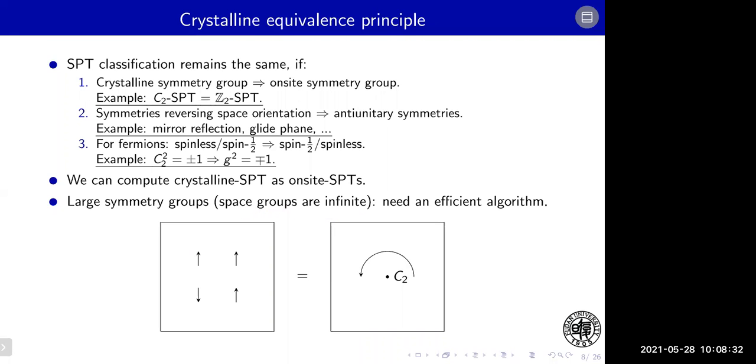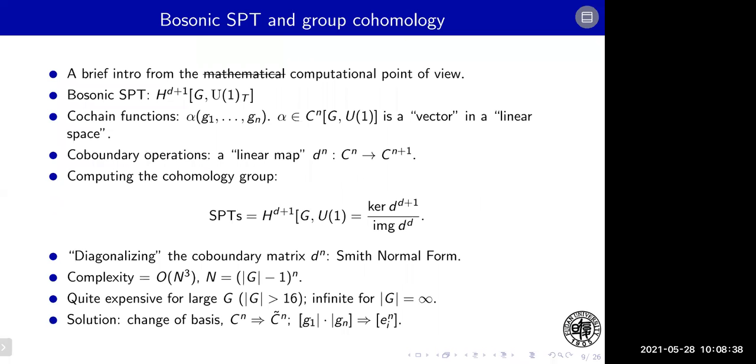So here we have a technical problem that we need an efficient algorithm to deal with such large symmetry groups. The thing we have done is we developed an efficient algorithm to deal with such complex symmetry groups. I will give a brief idea of what we are doing.